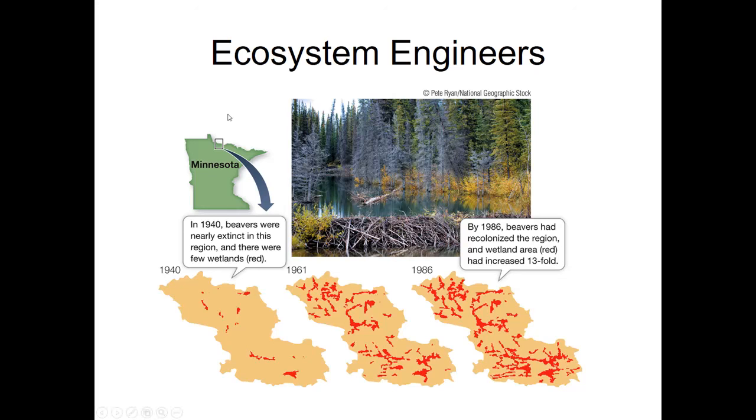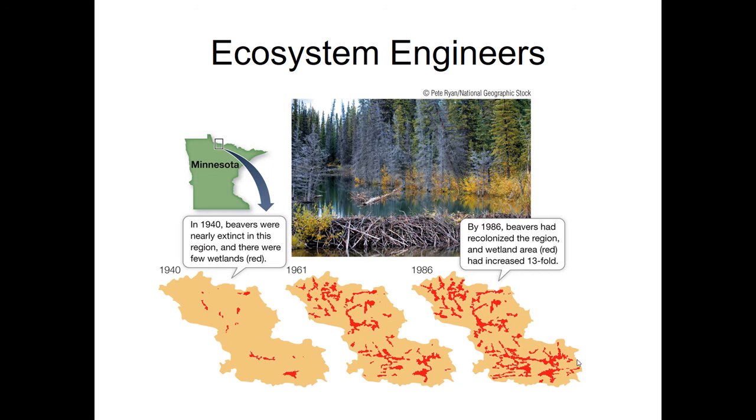We're looking at a little spot of Minnesota here. Due to the presence of beavers, we create a huge amount of wetland that didn't exist before, creating a huge amount of habitat, allowing a highly increased number of species to live there that otherwise would not be able to live there. All right, so that is the end of chapter 56.